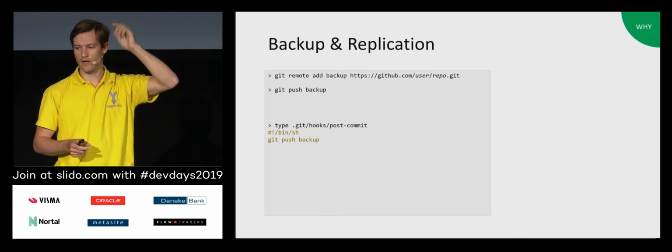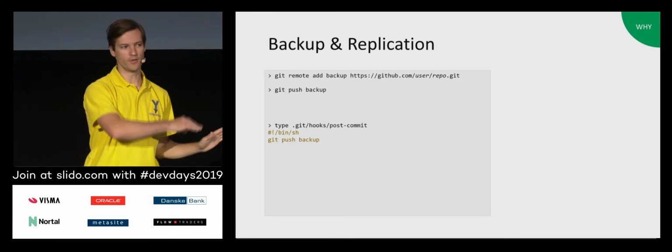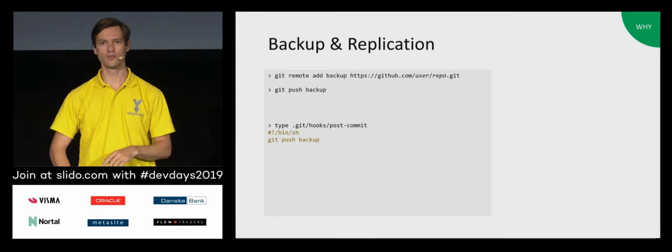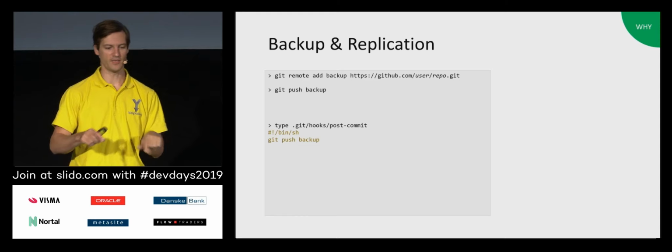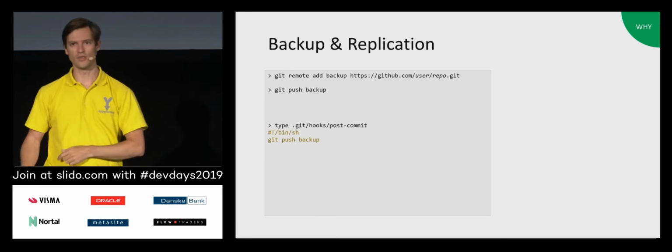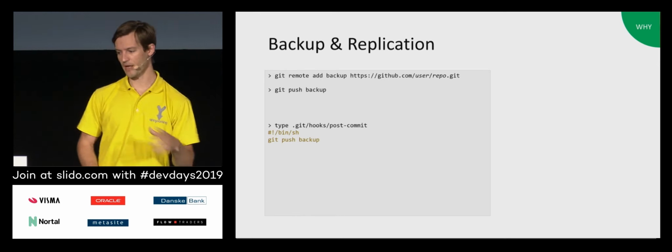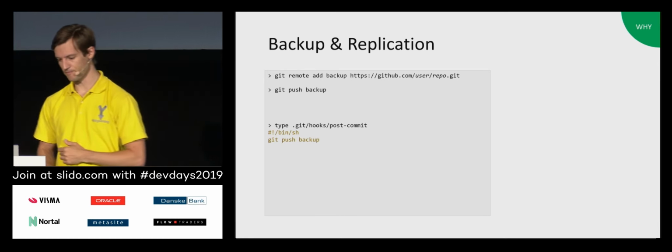And I could create multiple remotes, so I could create 10 repos distributed all over the world and push to those remotes continuously. And that means that my data is completely replicated with just 3 lines of code. So backup and replication is very powerful with Git, and it's very easy to configure.